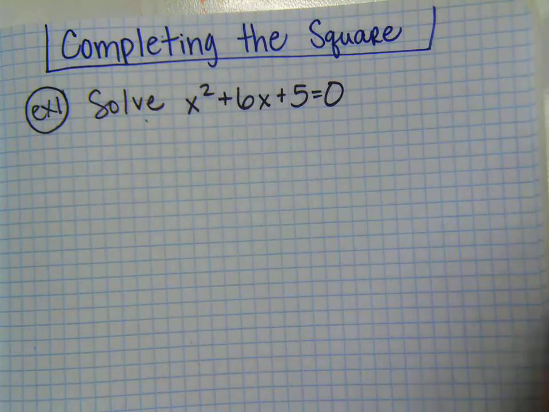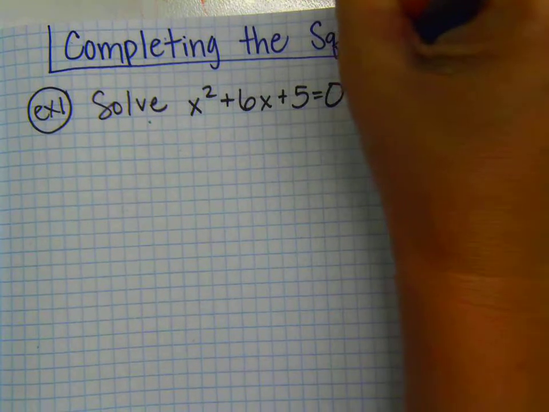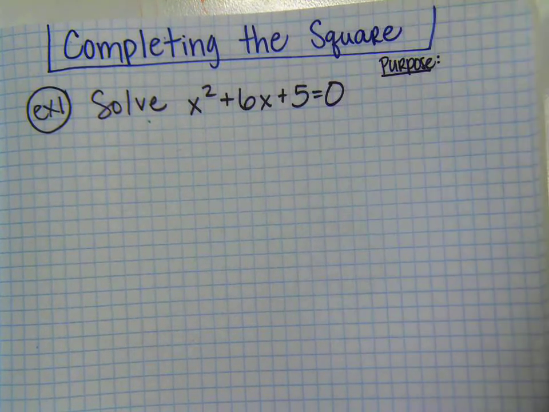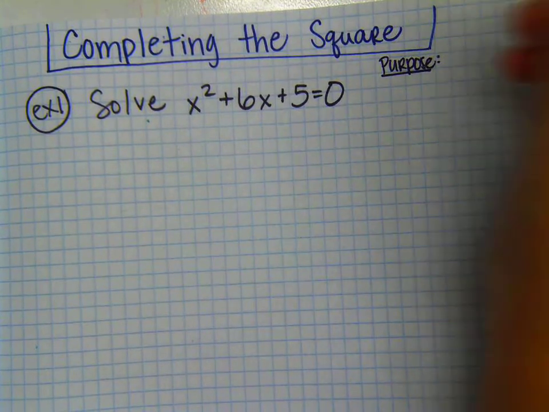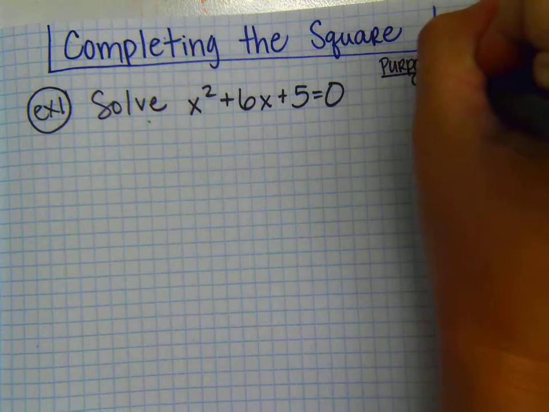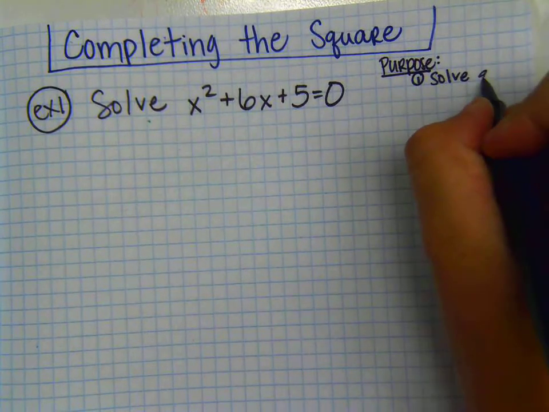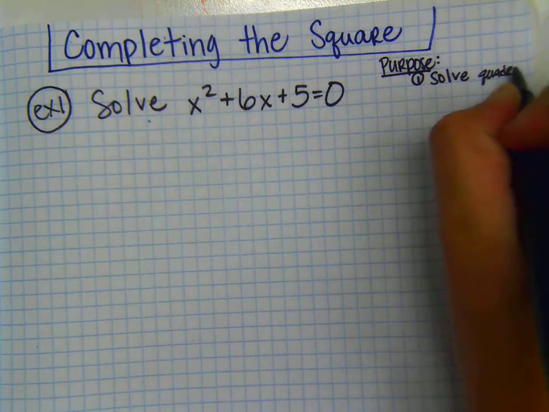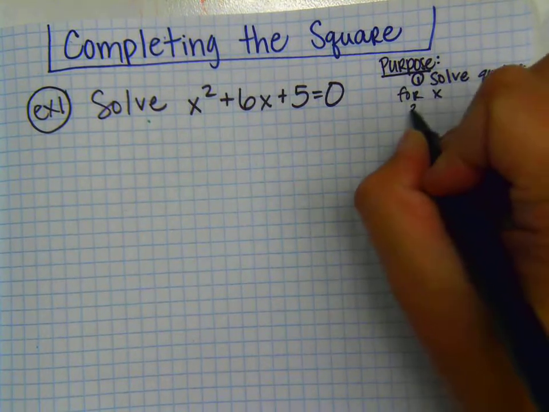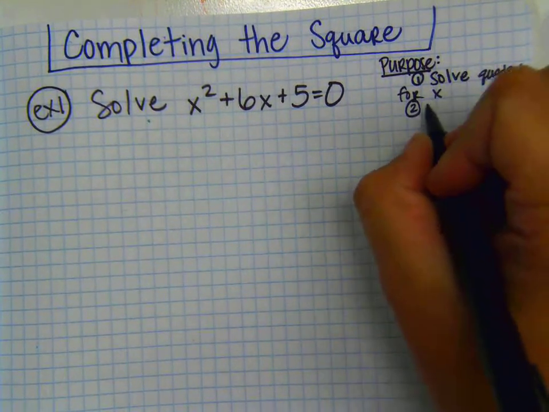Okay, so the purpose of completing the square is to, 1, solve a quadratic for x, and 2, to find the x-intercepts.